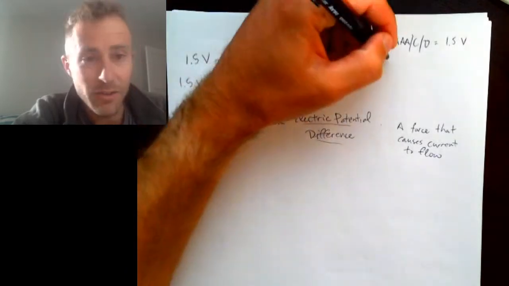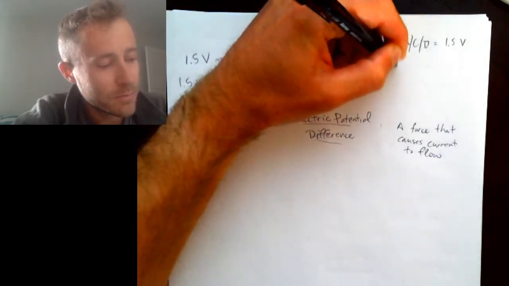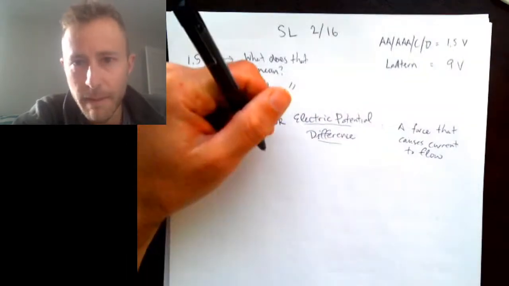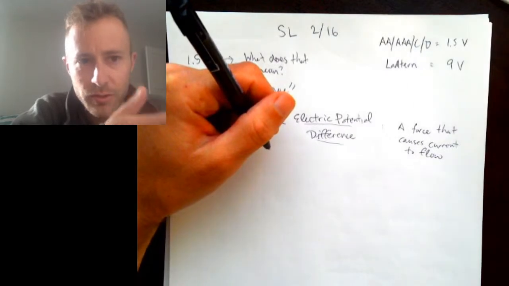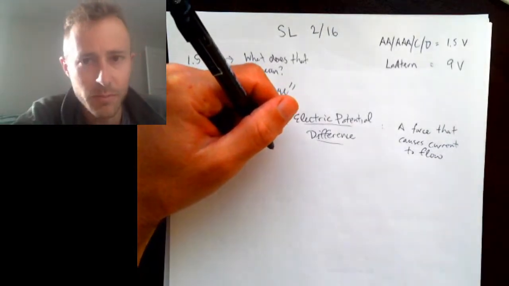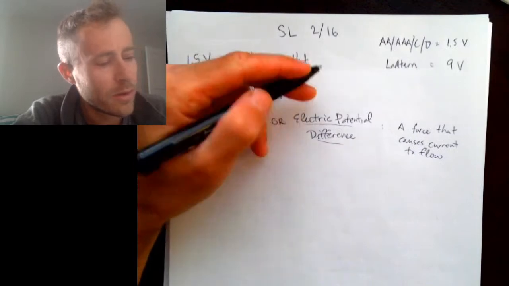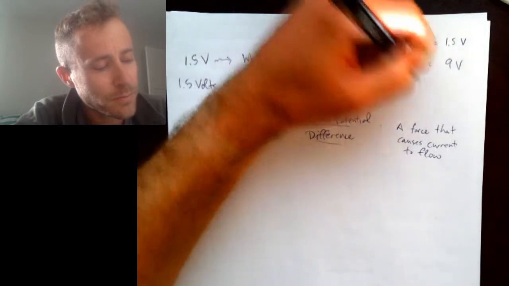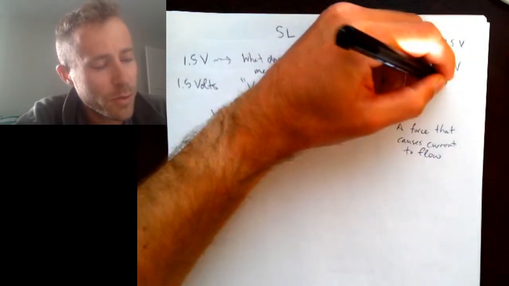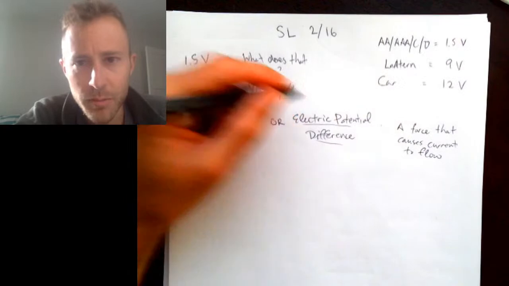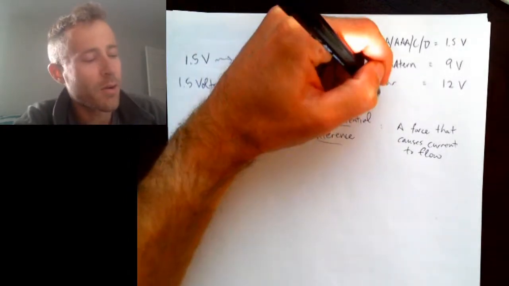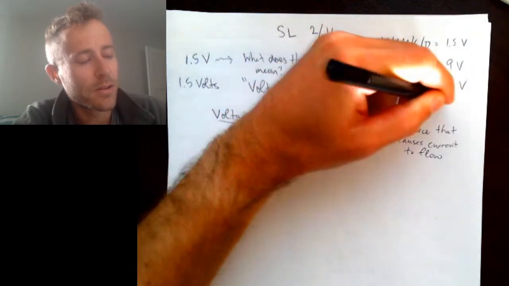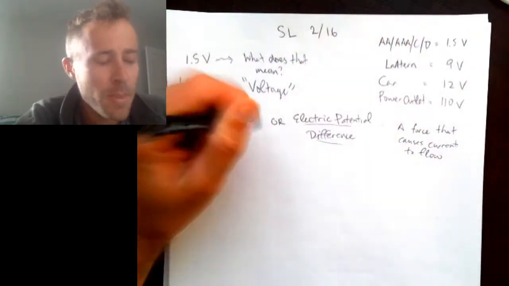Things like a lantern battery, those tend to be 9 volts. You can also get just 9-volt batteries. Car batteries, I believe they're 12 volts. Don't quote me on that, but I believe they're 12 volts. Your power outlet, 110 volts.